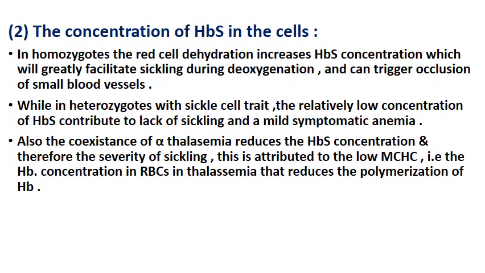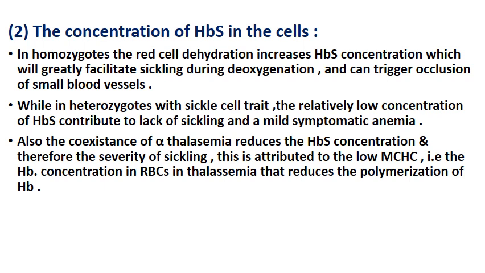The concentration of the hemoglobin S in the cell. In the homozygote, red blood cell dehydration increases the concentration of hemoglobin S, which, when there is dehydration, will facilitate the sickling during deoxygenation.